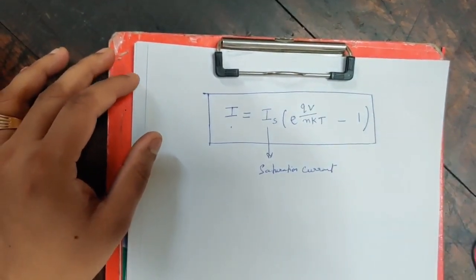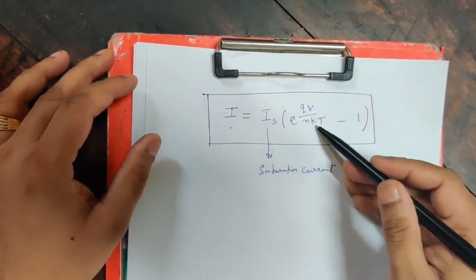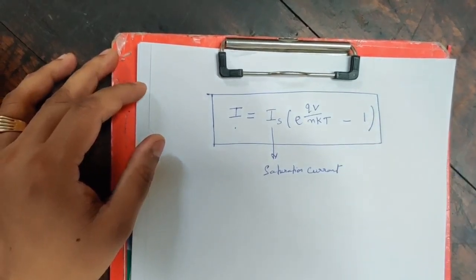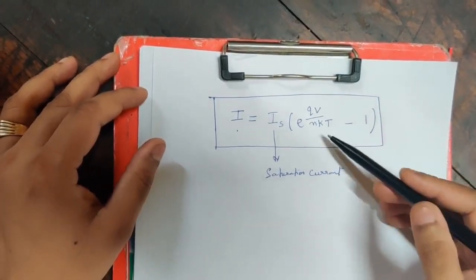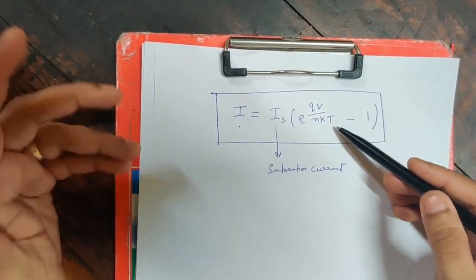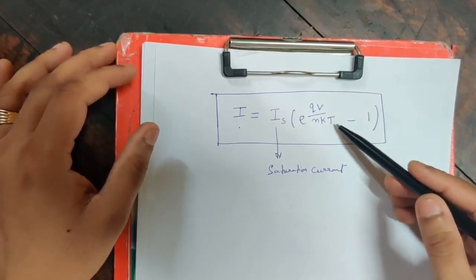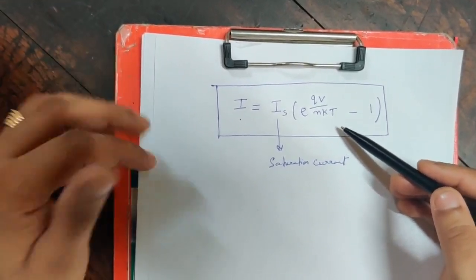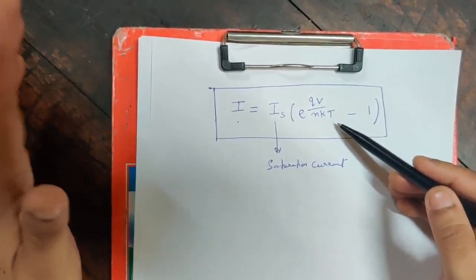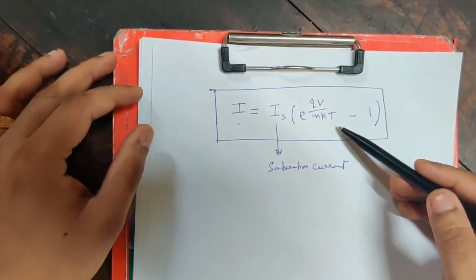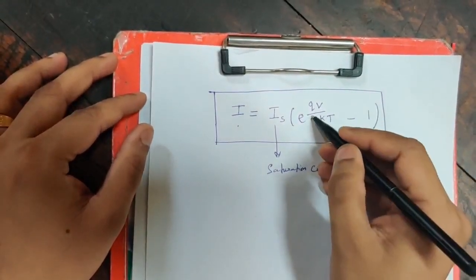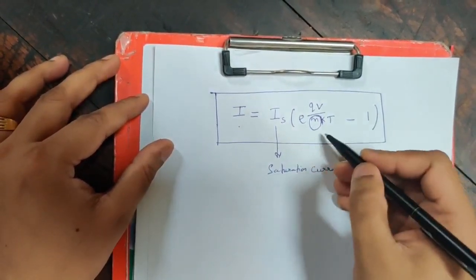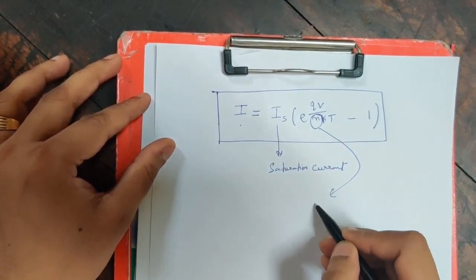K is the Boltzmann constant, and T is the absolute temperature, which we use for the room temperature value, and that has to be in Kelvin, not in degrees. Whatever temperature you measure in degrees, you have to convert it to Kelvin. And yes, this factor is very important here: n. Let me write it here, n.